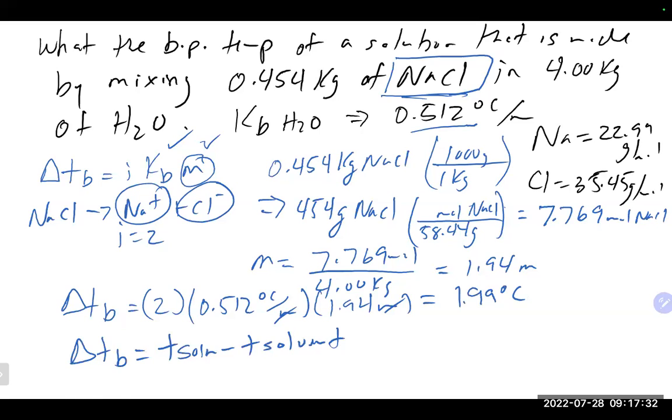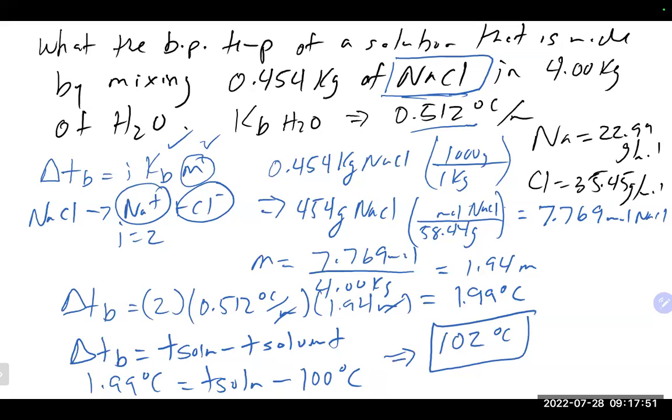That will give us 1.99 degrees Celsius equals the temperature of the solution minus the normal boiling point of water, which is 100 degrees Celsius. That means we will end up with a whopping boiling point here of about, we'll call it, 102 degrees Celsius. First off, any questions on that calculation?